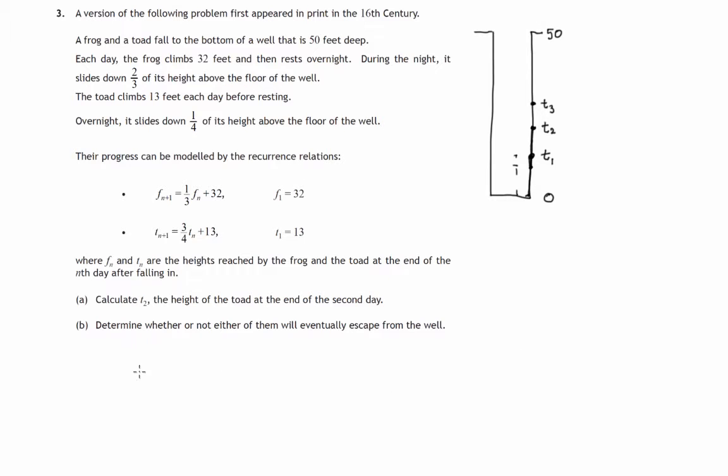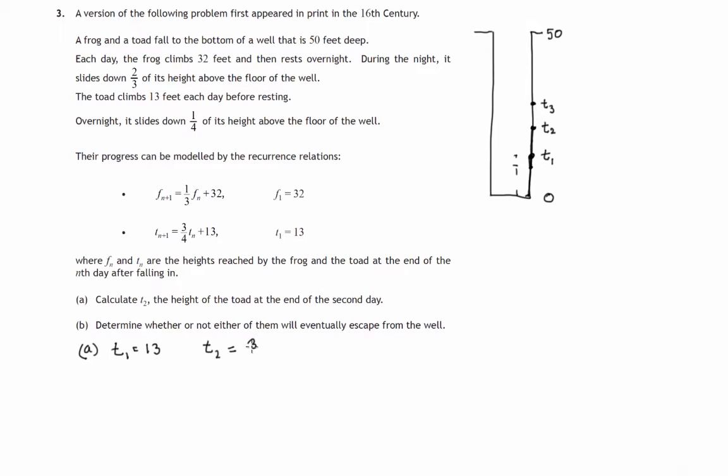So let's see if we can work out what T2 is. We're told that T1 is 13 feet. This is part A. And we're told that to calculate how far up it is after the end of the second day, we have to work out 3/4 of the height that it retained in the first day.